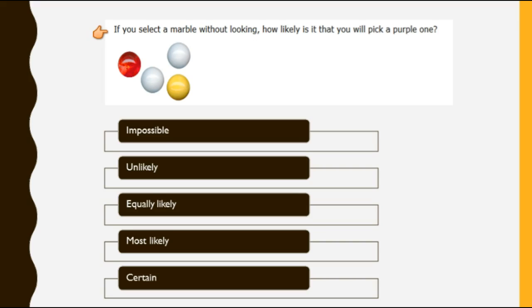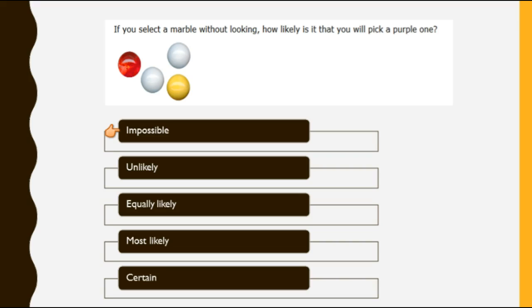If you select a marble without looking, how likely is it that you will pick a purple one? These are your choices. How likely is it? It's impossible, right? That's when you use that word, when there isn't any. That's the only time that you can use the word impossible.